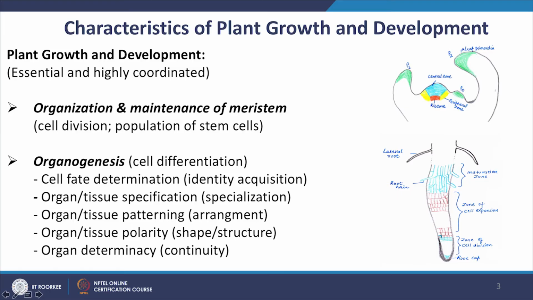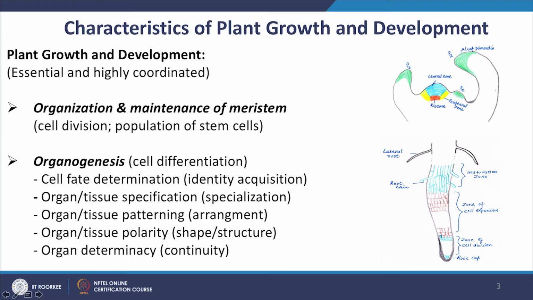When these stem cells are present in this region, they will only divide, they will undergo cell division, and cell differentiation is inhibited. But once these cells leave this region and enter the peripheral region, they undergo cell differentiation, and depending on position, signal and information, they take a proper cell fate and undergo the proper process of cell specification and differentiation to make a specific organ.